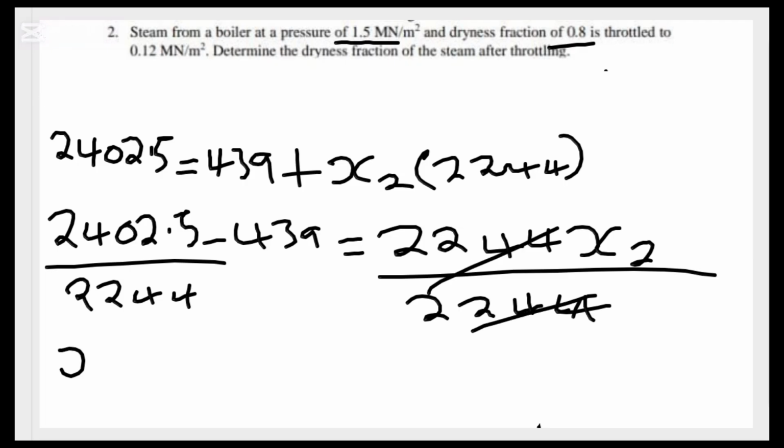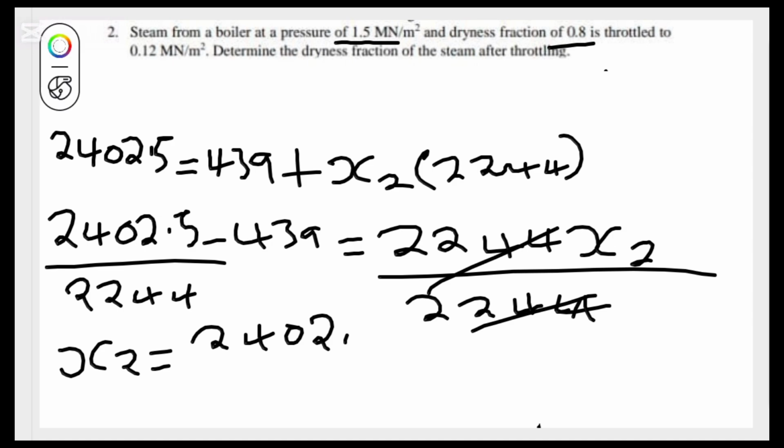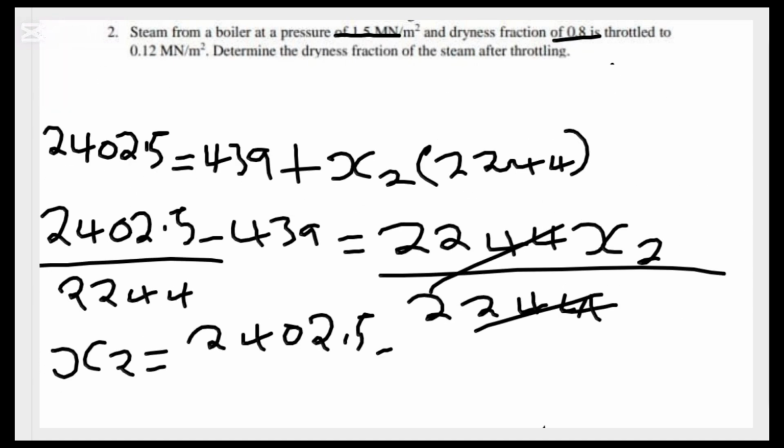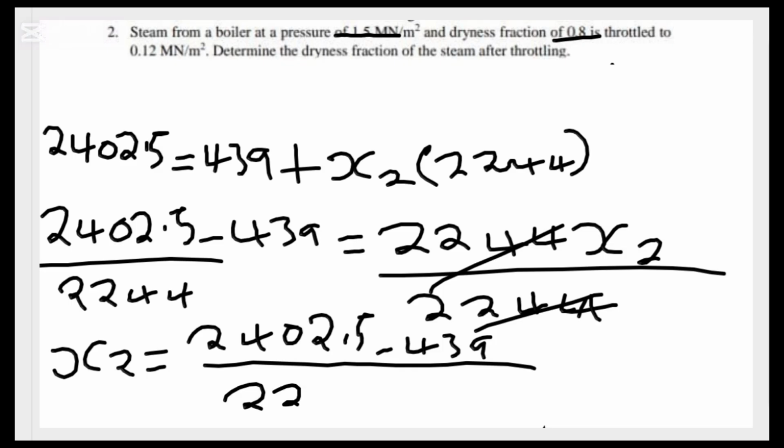At the end, x2 will be equal to 2402.5 minus 439, divided by 2244. So what am I going to get? x2 will be 0.875.